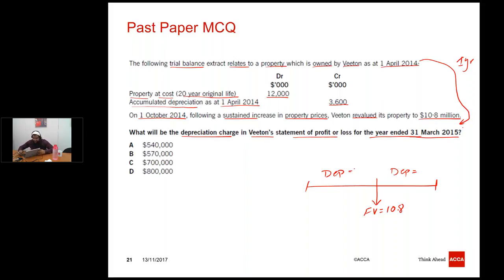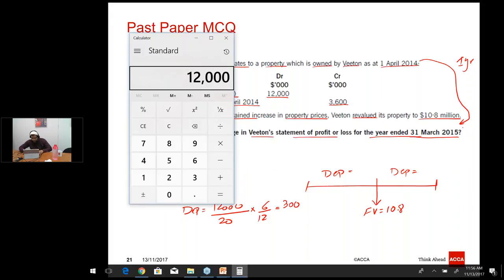So now let's calculate the depreciation. 12,000 divided by 20 gives the annual depreciation, times 6 by 12, which gives a depreciation of 300.